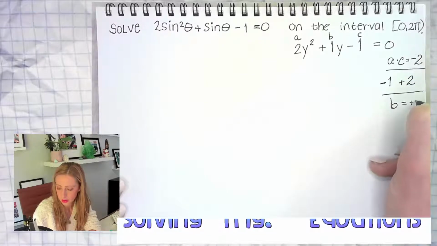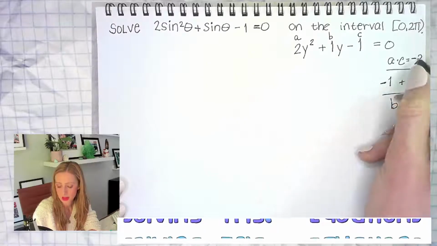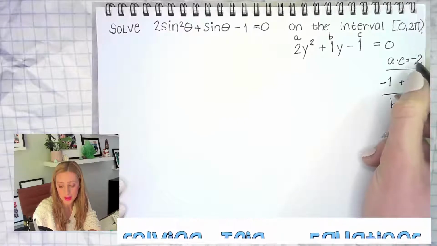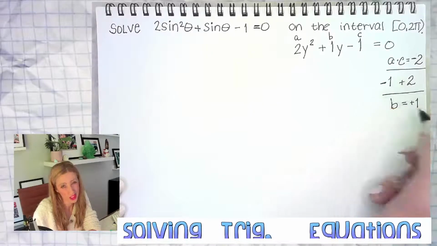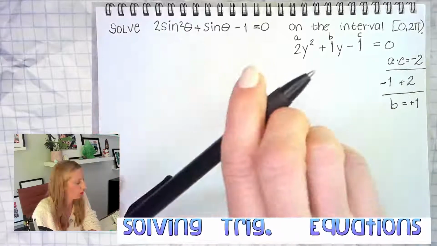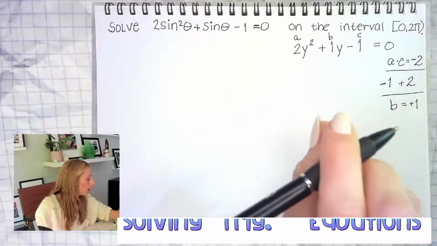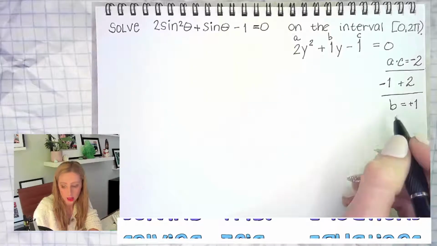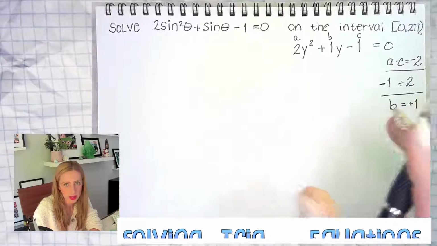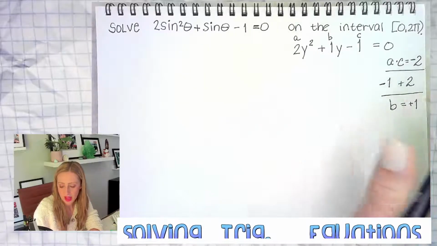Should have written that down here. Always make sure it still satisfies and multiplies to give me negative 2, and that is true. I went over positive and negative multiplication rules in a different video. So hopefully you're able to be quick, easy, and fluid with all of that, and you don't have to stop and think too hard.